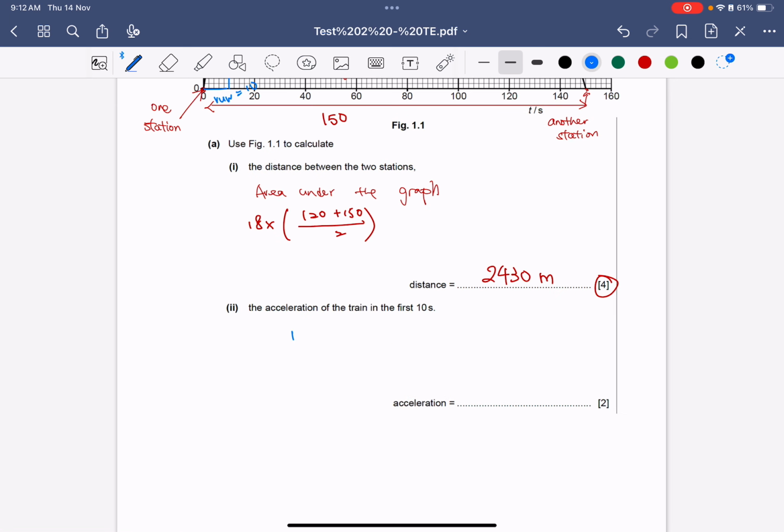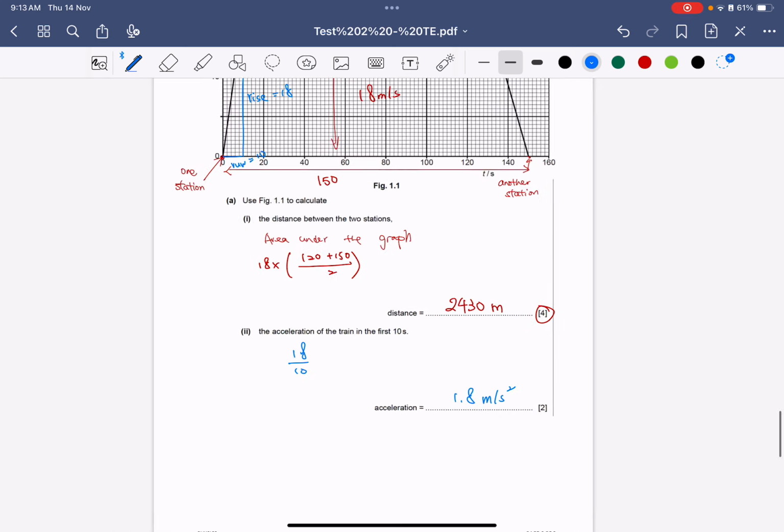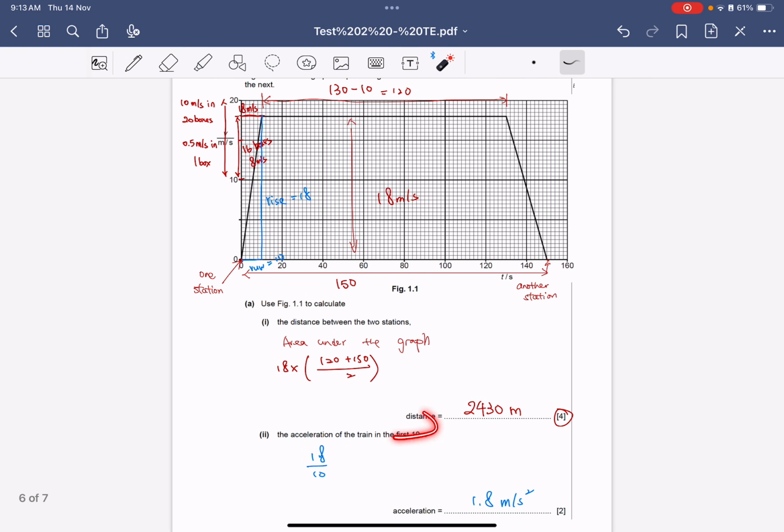So therefore, 18 over 10, 1.8 meter per second squared. Now here you don't need to draw a tangent because for the first 10 seconds, this is already a straight line. You draw a tangent, it will just align with the line on the graph.